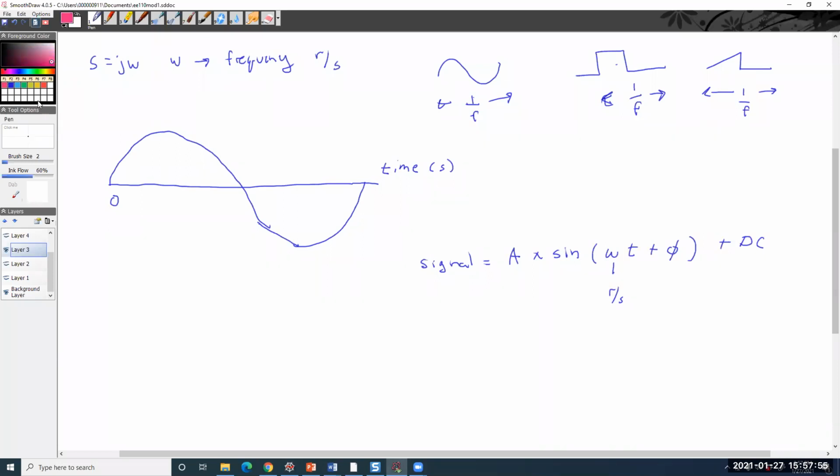All right. So A, the amplitude, is that term here. Sometimes it's called V peak, and sometimes it's just shortened to VP.